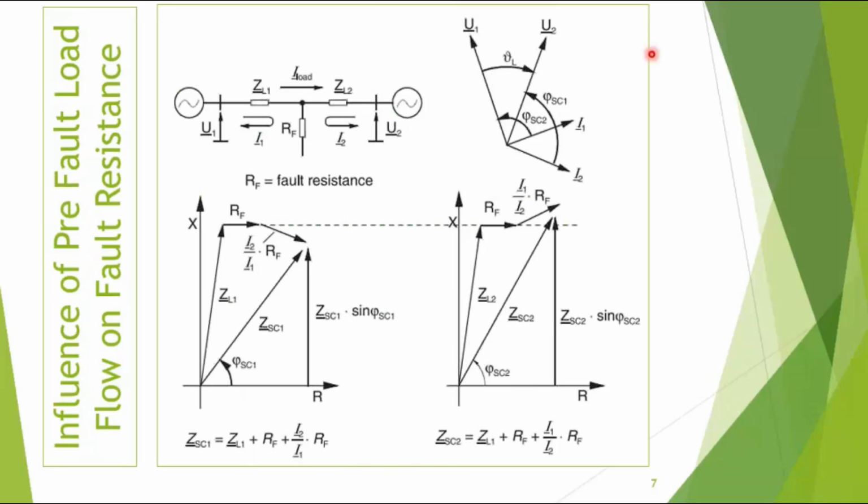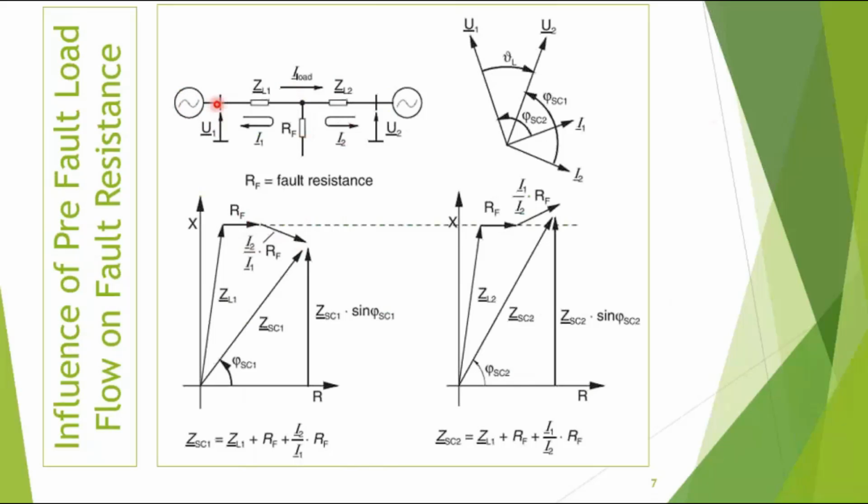Okay, the next diagram is also a good diagram I found, so I added it up. This is the diagram of what we were talking about in the last presentation, the influence of pre-fault load flow on fault resistance. A very small recap: the fault resistance does not always move horizontally. It moves vertically downward or vertically upward depending on the pre-fault load flow angle.